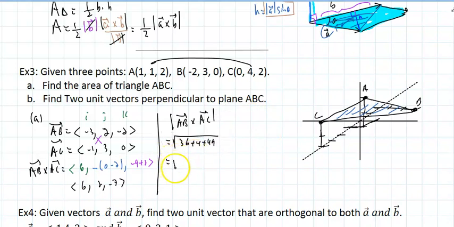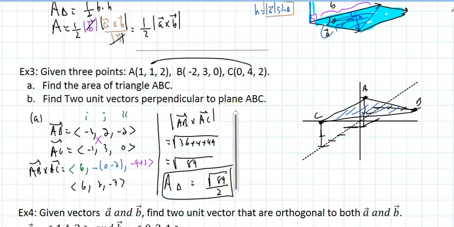And that would be the square root of 89. So area of the triangle ABC is actually square root of 89 divided by 2. And there it is.